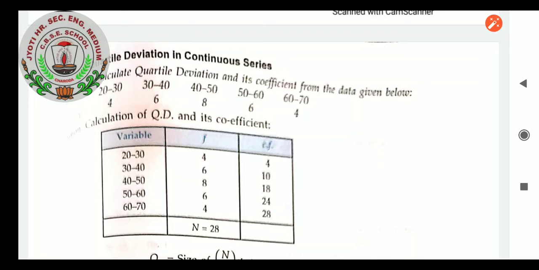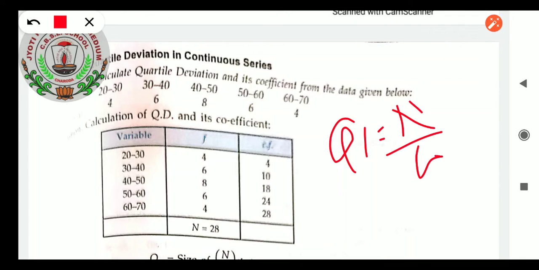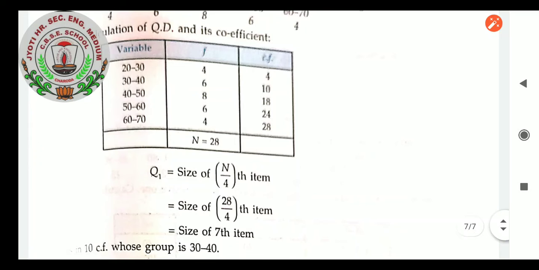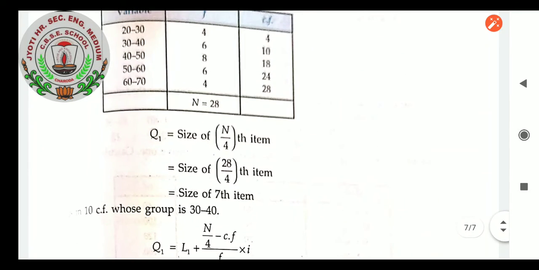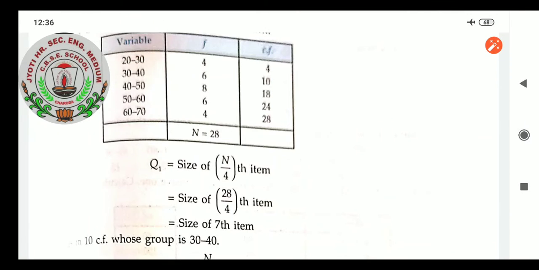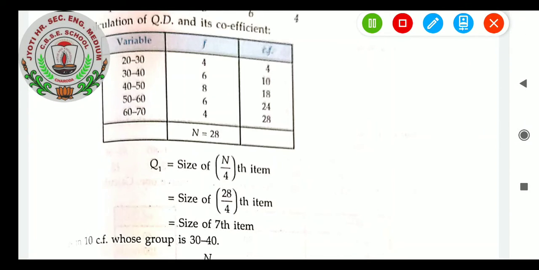Arrange the data, then frequency and CF, same way, but here the class interval formula changes. Q1 equals n by 4, not n plus 1, n by 4th item. When we do n by 4th item, we see 20 divided by 4, that is the size of the 7th item. Where does the 7th item lie? In the 10th CF. So the class interval will be 30 to 40.